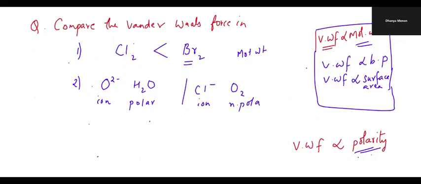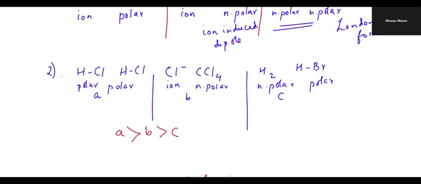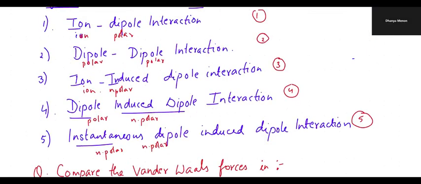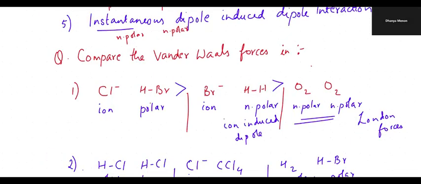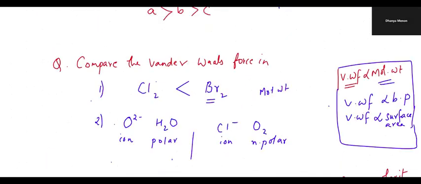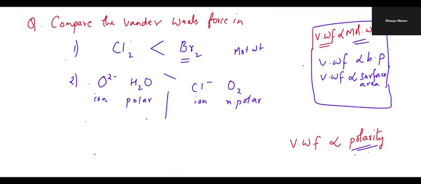So obviously, ion and polar molecule is number 1, and ion and non-polar molecule is number 3. So definitely ion and polar molecule has the higher dipole moment, okay?